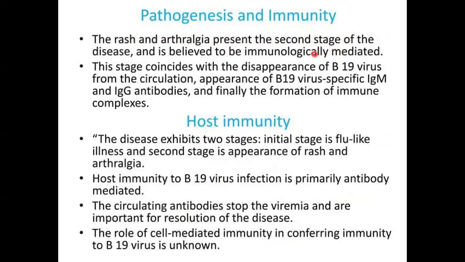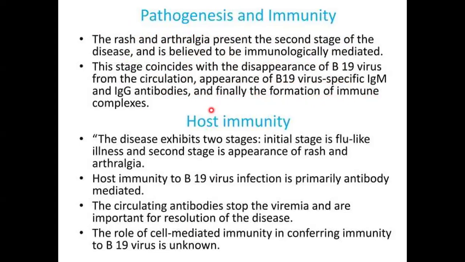The body is seeing viruses in the blood, so it starts producing the antibodies IgG and IgM. Coincidentally, the rash appears in children, and the joint pain in adults. This stage coincides with the disappearance of the B19 virus from circulation, appearance of B19 virus-specific IgM and IgG antibodies, and finally, formation of immune complexes.